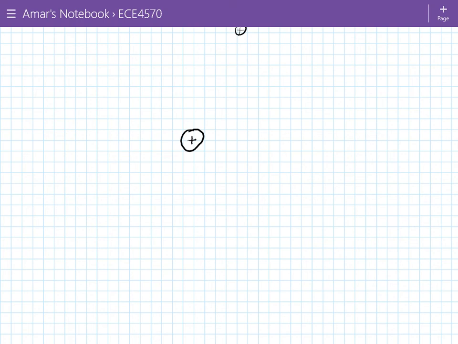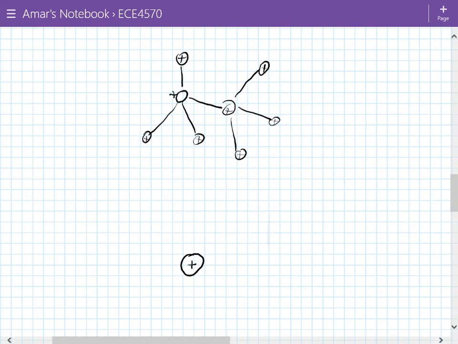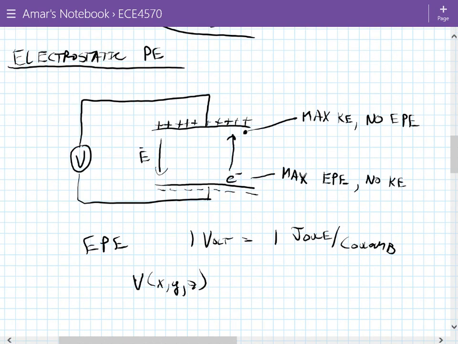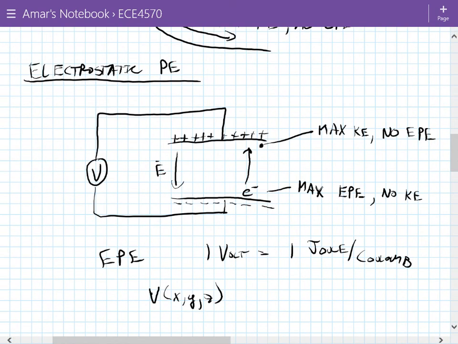We actually define electrostatic potential in terms of the, well, let me jump back here, just to make sure we're not confused. In this particular example, we were showing the electron moving from a place where there's a bunch of negative charges to a place where there's a bunch of positive charges, right? The way that we define electrostatic potential energy is actually in terms of positive charge.